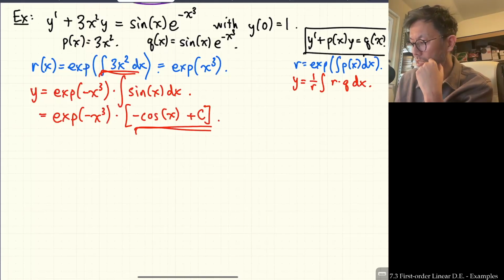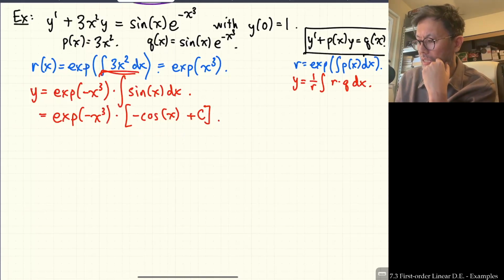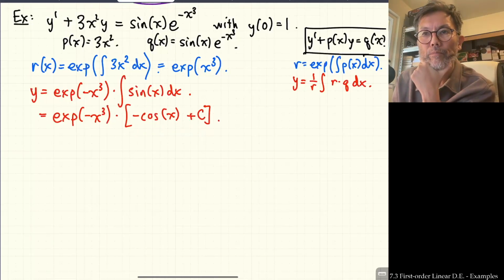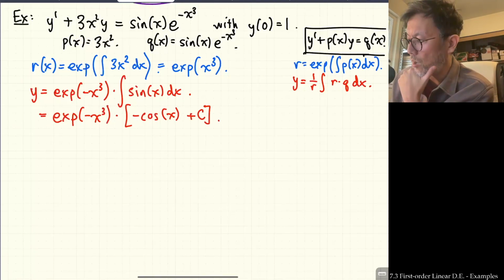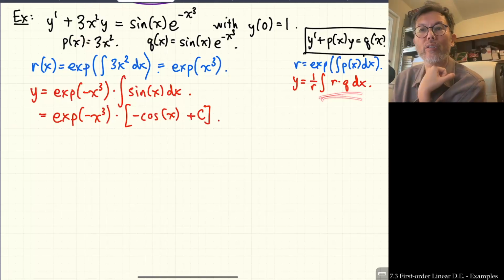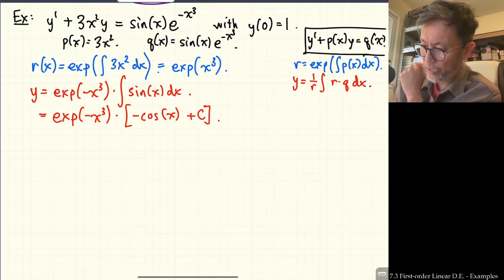Whereas here, we do include the plus c. And the reason is because here we're looking for the general solution to the differential equation. We want all antiderivatives of r times q. So keep that straight in your head.